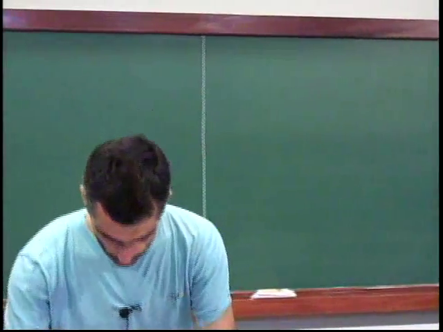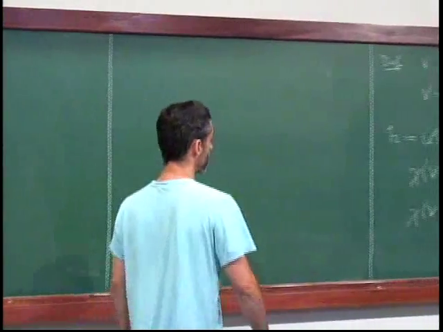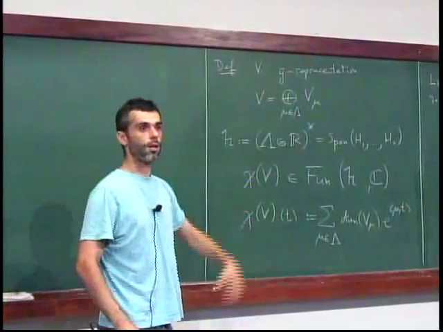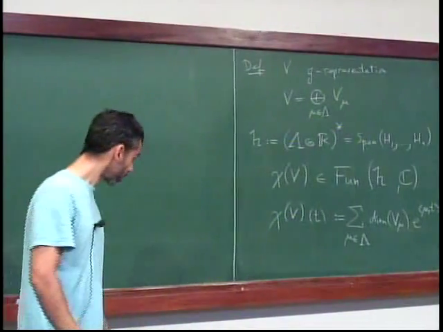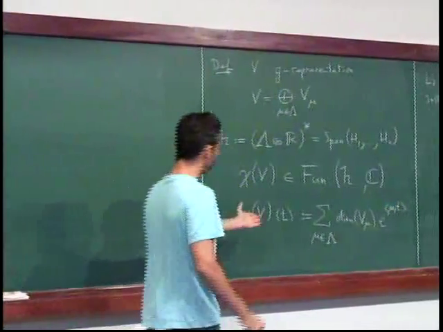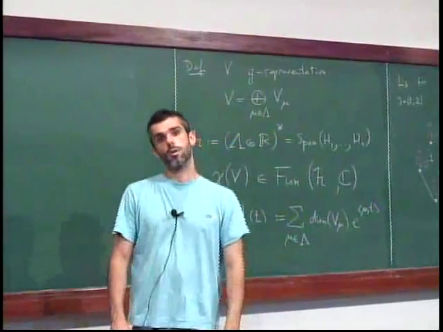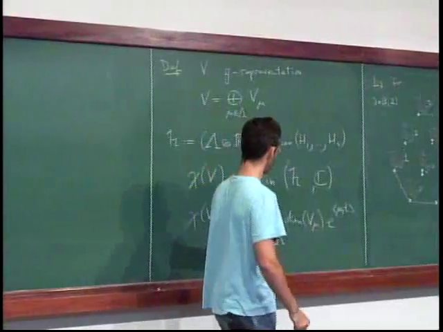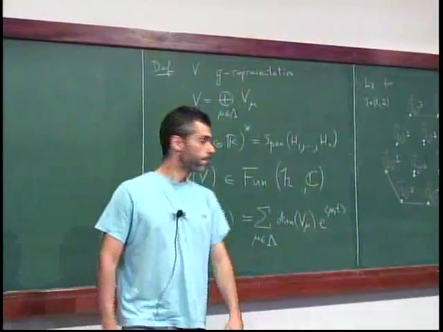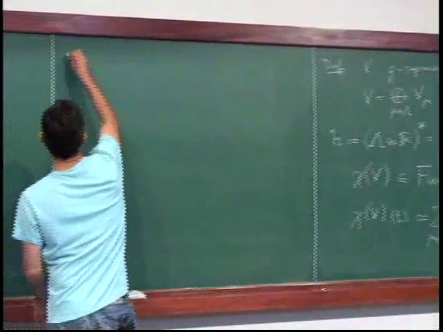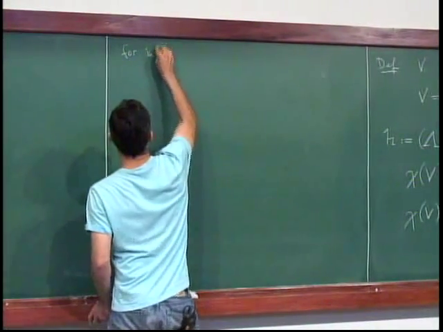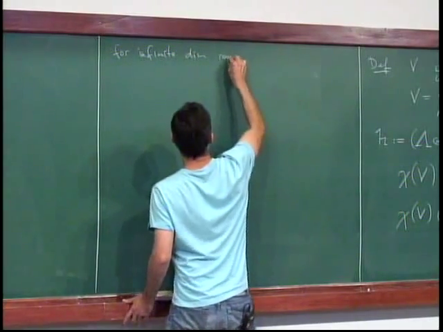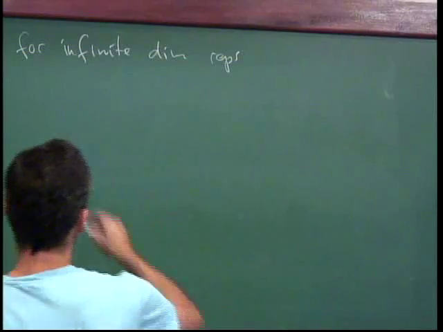In certain cases, we'll be interested in representations that are infinite dimensional, for example, the Fermat modules. And we want to extend this notion to that situation. And okay, you can just write down this formula as is. But what might happen is that you might have a situation where this sum is divergent. And therefore, for infinite dimensional representations, we make a slight extension.